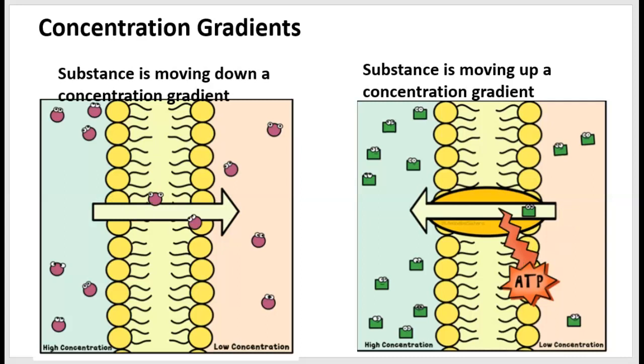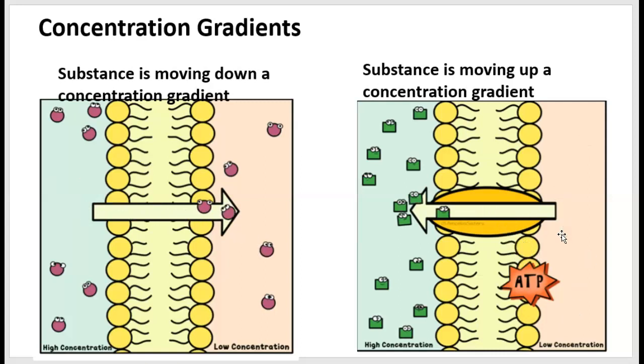In the picture on the right, we have a substance moving from right to left, which is kind of irrelevant, but it's moving from an area of low concentration to an area of high concentration.